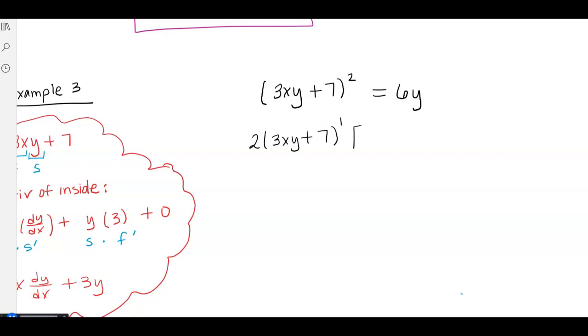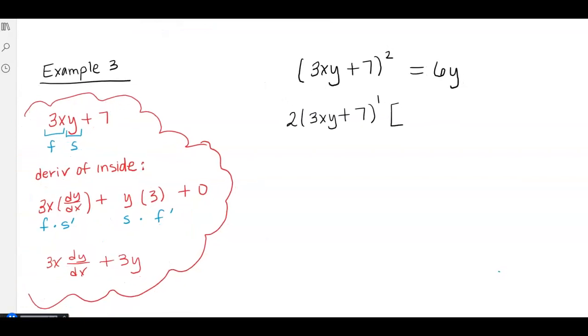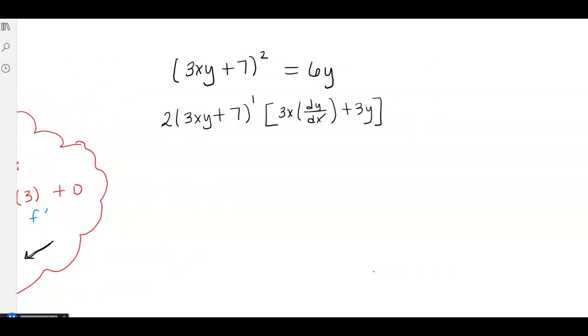And then we're going to tack on the derivative of the inside, and that's what we found over here. So we're going to tack on a 3x dy dx plus 3y. So we're using the chain rule. And then on the right-hand side, the derivative of 6y is 6, and we tack on the dy dx.